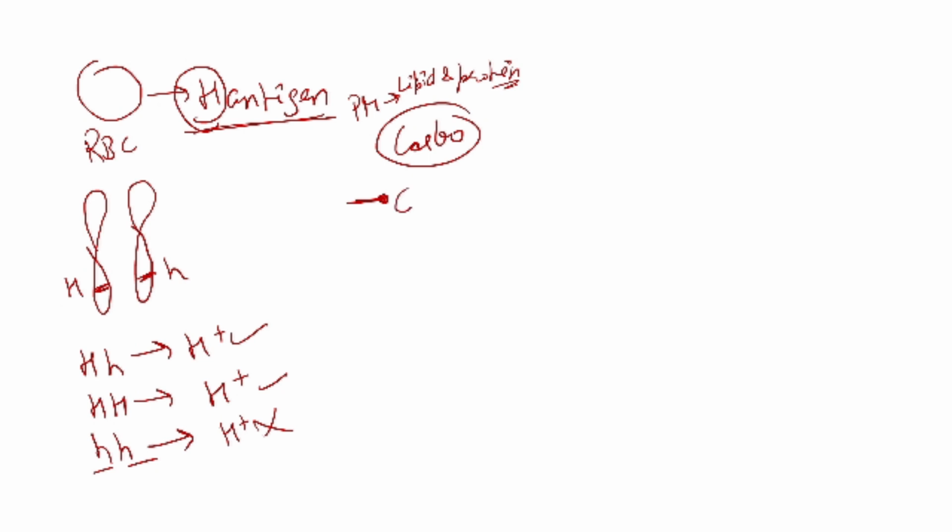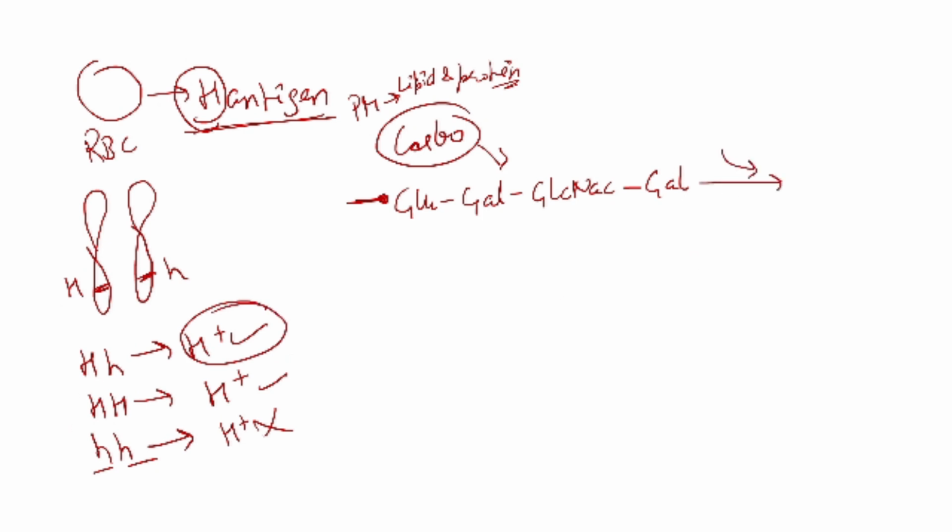So the formula is glucose, then galactose, then N-acetyl glucosamine, then galactose. So this basic carbohydrate is always present. And if we talk about H antigen, so what will happen?